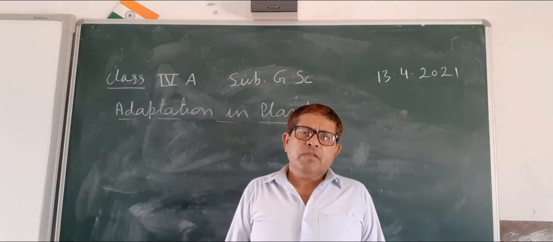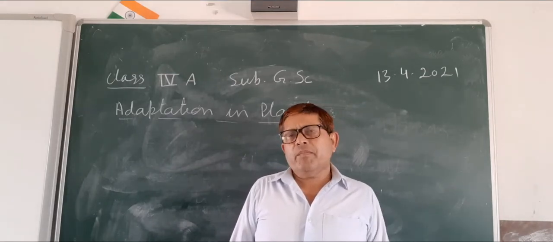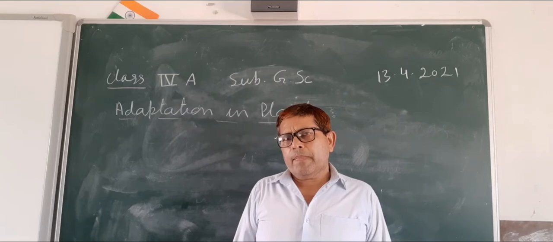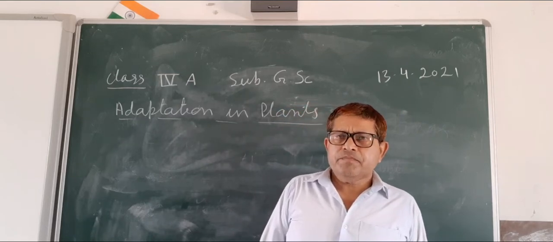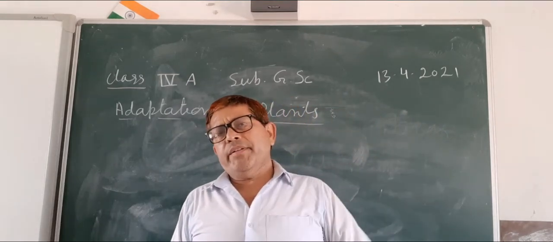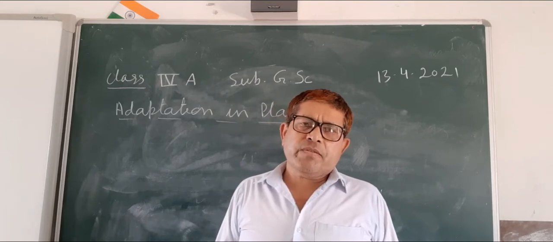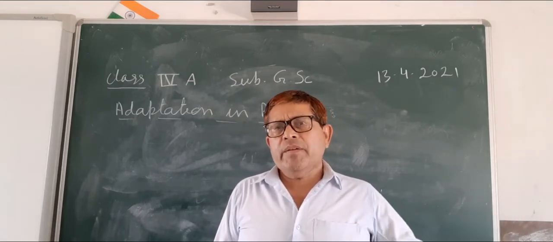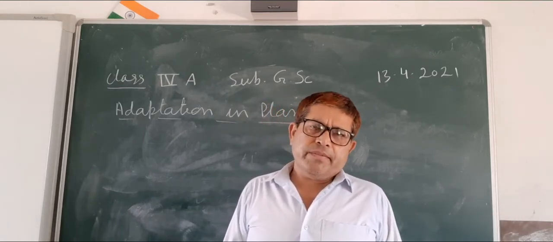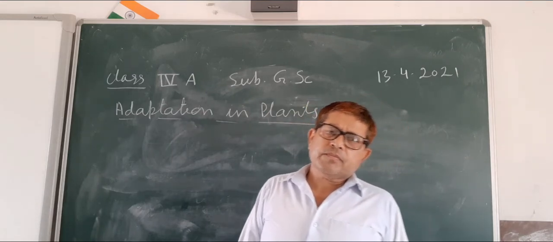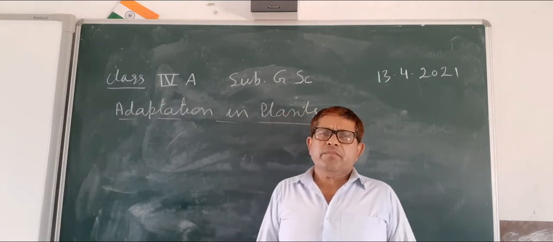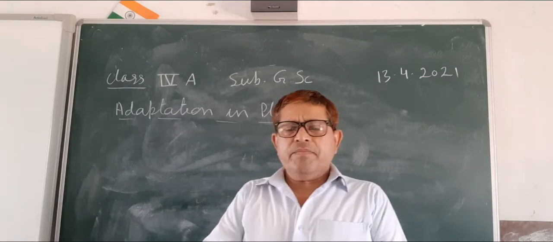Organisms found in a particular area have some specific property by which they are able to survive in that particular area. So about adaptation, we have to study in this lesson.